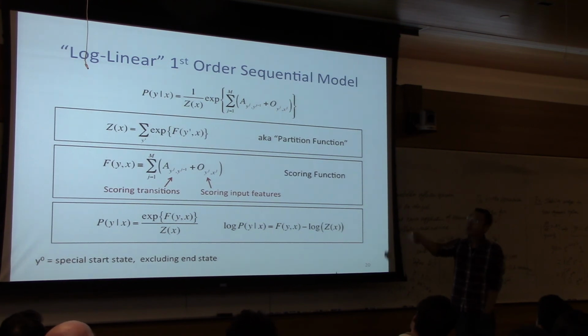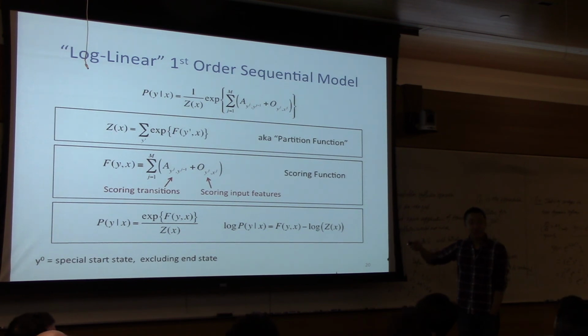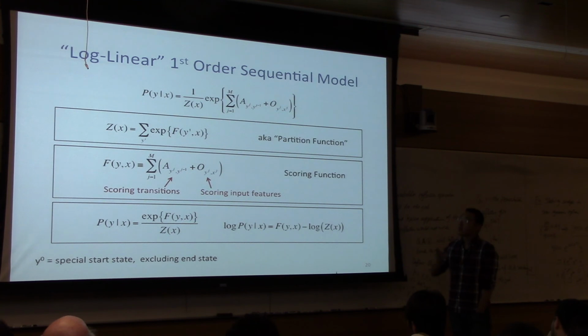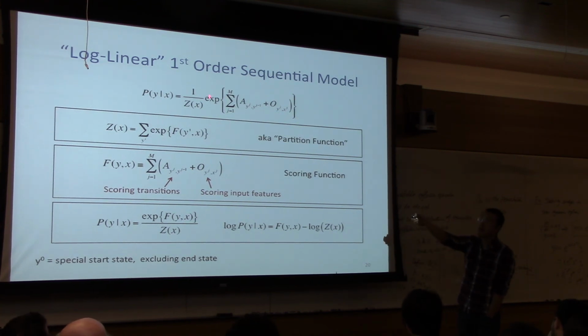If we sum in the exponent, it's equal to taking the product of each of these. We're not making any generative assumptions, but it has the same structure as an HMM; it's not a generative model, it's a discriminative model. E to the sum is equal to the product of e to the individual terms.